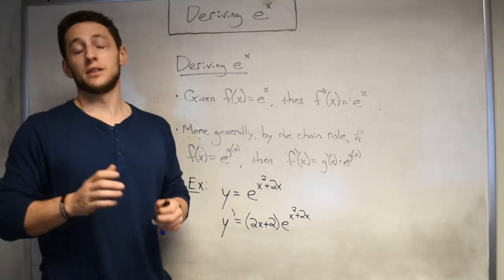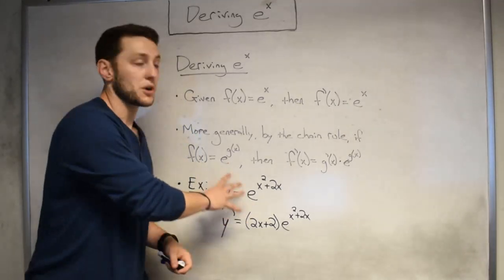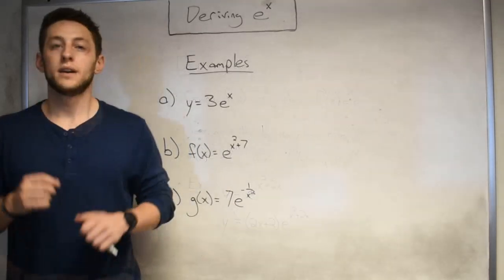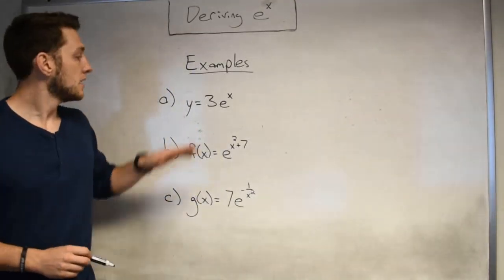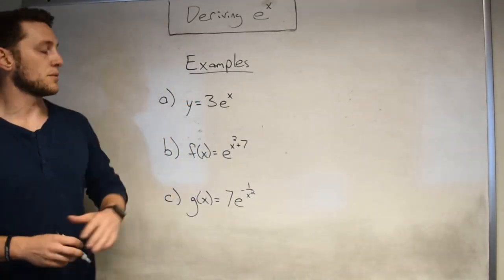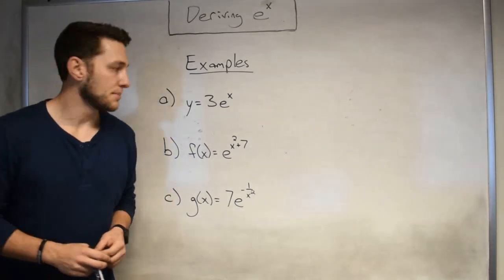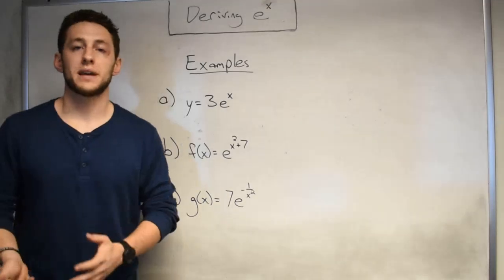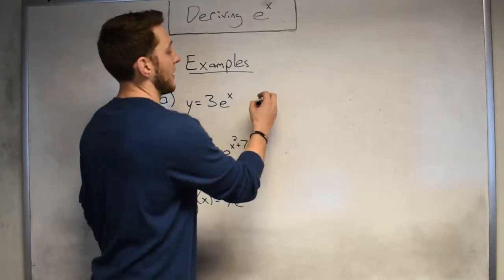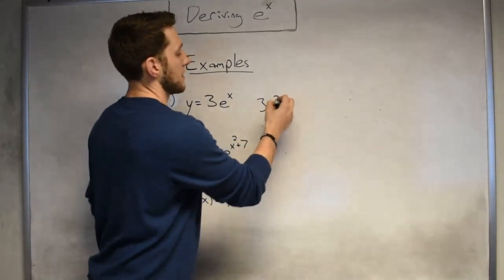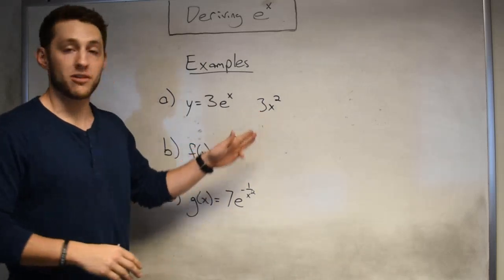So let's get into a little bit more examples on how to derive more complicated things. Let's go ahead and start on some examples. The first example will be y is equal to 3 times e to the x. The reason we want to consider this example is because constants will actually behave the exact same way as if I had the function 3 times x squared. They'll actually just be copied down.